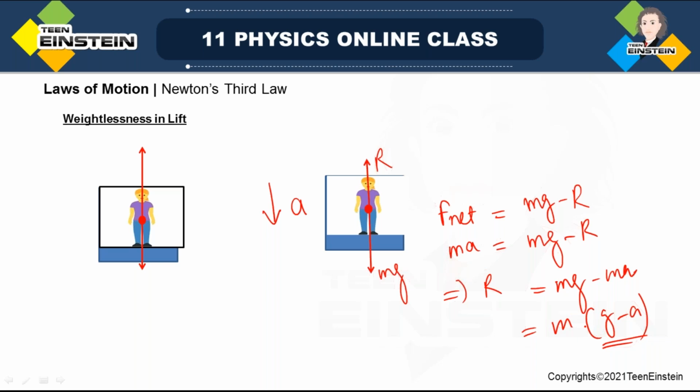In the normal condition, R is equal to mg, which is the apparent weight of the object. But now it is m into g minus a. That means the apparent weight is less in this case. We might have this experience while riding a lift.